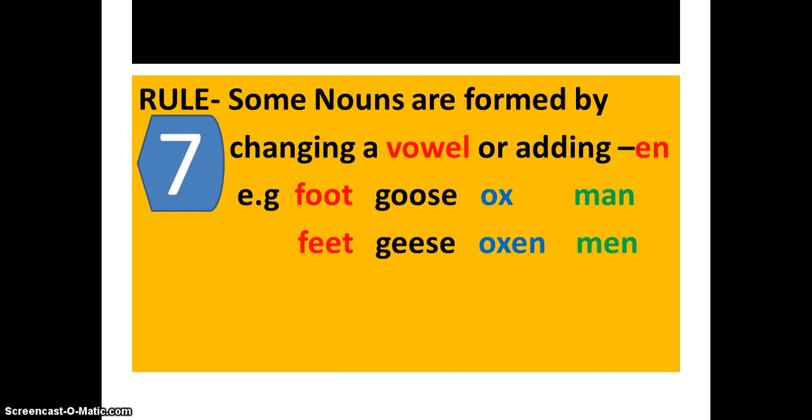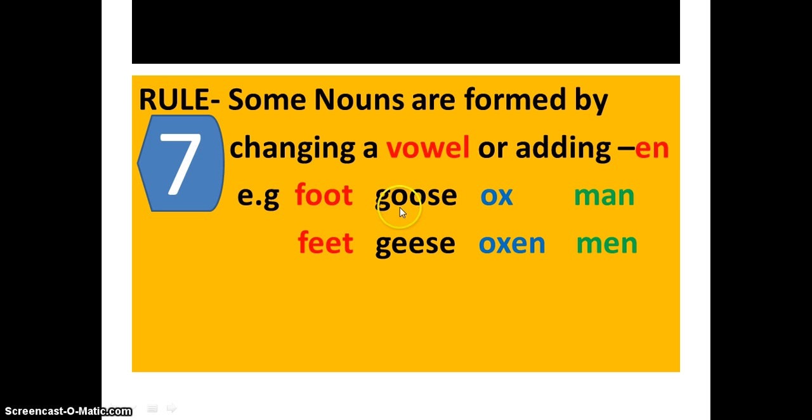Some nouns are formed by changing a vowel or adding EN. Meaning some nouns are formed by changing the vowels within them, or we add EN. So some examples are here. Foot. We change the OO in foot to EE. So the plural of foot is feet.